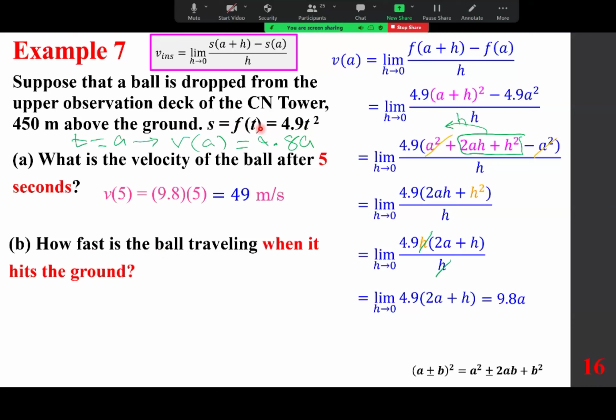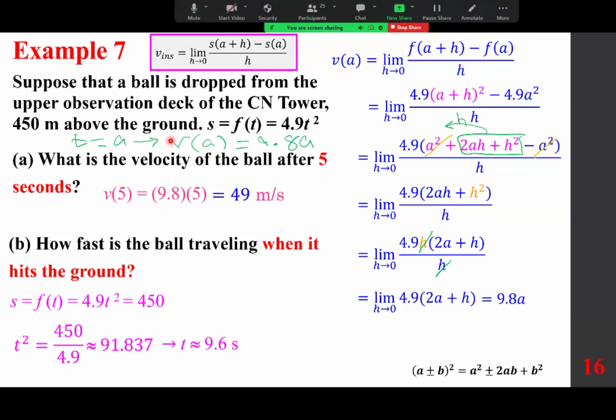So if you find the distance, which is 4.9 t squared, and set it equal to the given distance of 450, then you can calculate the t. t squared is 450 divided by 4.9, which is this number. And you take a root and you keep the positive one only, you get 9.6 seconds.